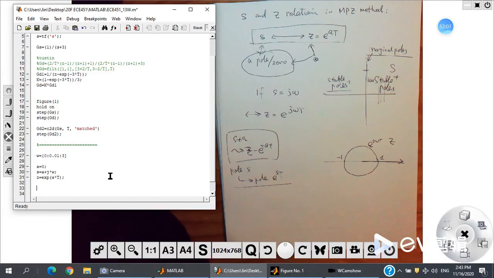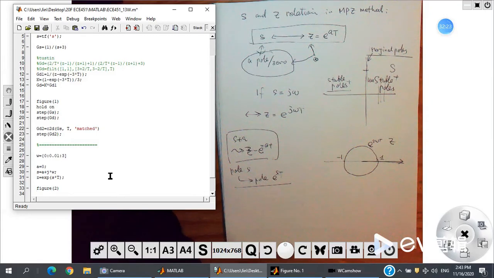Let me plot it. I give two graphs. I use figure 2 and figure 3.